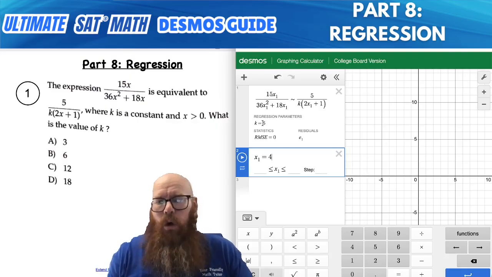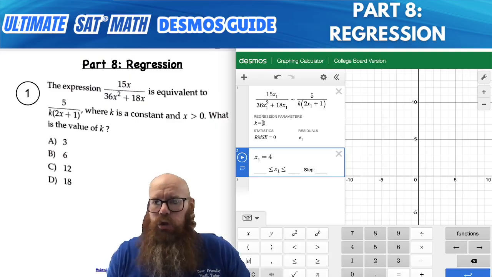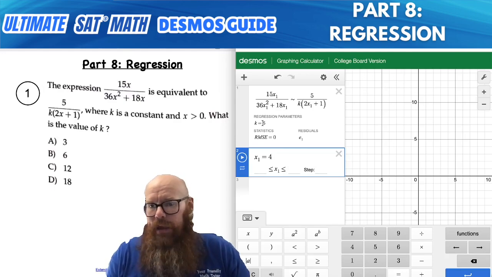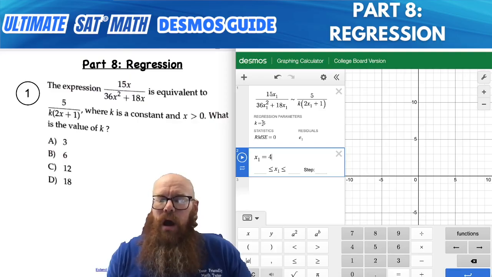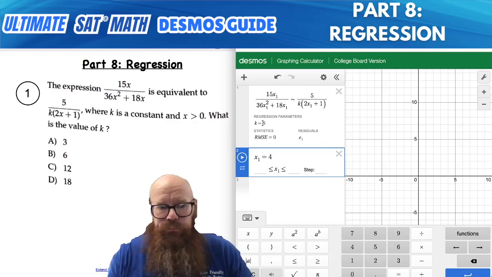But I just want you to see what's going on. You count the number of constants that aren't the variable. The unknowns that are not the variable are, in this case, just k, and our variable is x, which we called x1.